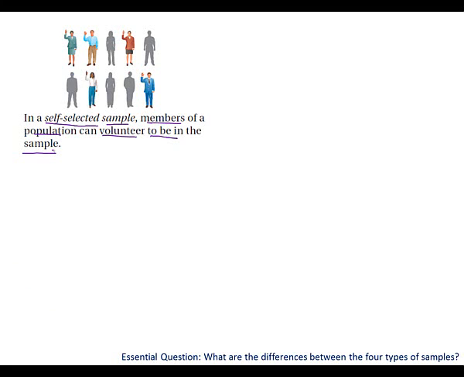Okay? Kind of like how you get the phone calls at home, right? Phone calls at home at night, the annoying phone calls that nobody picks up anymore because we all have caller ID, right? They call, they ask you to take a survey. Technically, you're self-selecting your sample because they're volunteering to be in your survey. Okay?